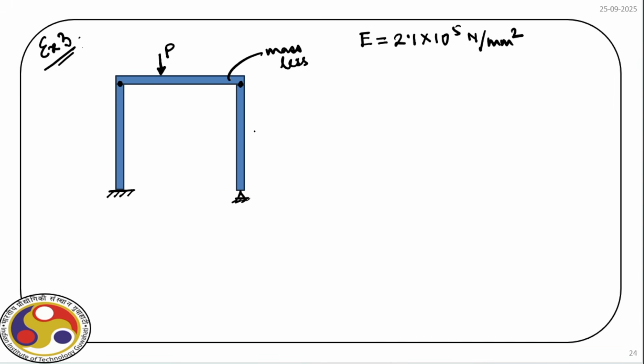The length of the column L is 3 meter, and the cross section, which is rectangular, is 3 inch by 3 inch, so roughly 75 millimeter by 75.